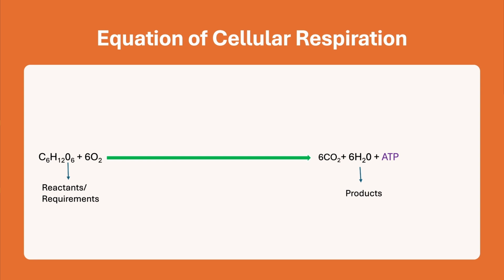So that glucose is broken down, and when we break it down with the help of oxygen, we get 6 carbon dioxides, 6 water molecules, and ATP. ATP is the energy that we require for the cells. So we have the reactants, and from all that we get our products.